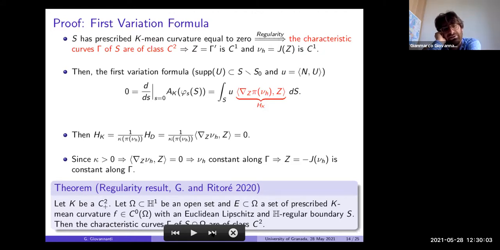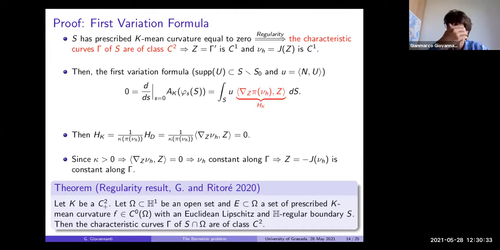I cannot enter into the details of the regularity theorem, but if S has prescribed K mean curvature equal to 0, by regularity theory, if you are Euclidean Lipschitz and H regular, then you can show that the characteristic curves, which are the integral curves of the vector field Z, are of class C2.